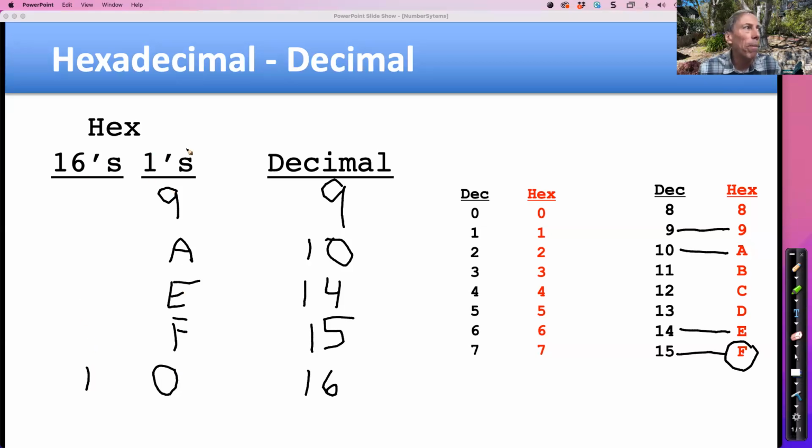The first column is the column of 1s, but because we're talking base 16, the next column is the column of 16s. So 1 0 in this case means 1 16 and 0 1s. That equals 16 decimal. Let's take a look at some other ones.